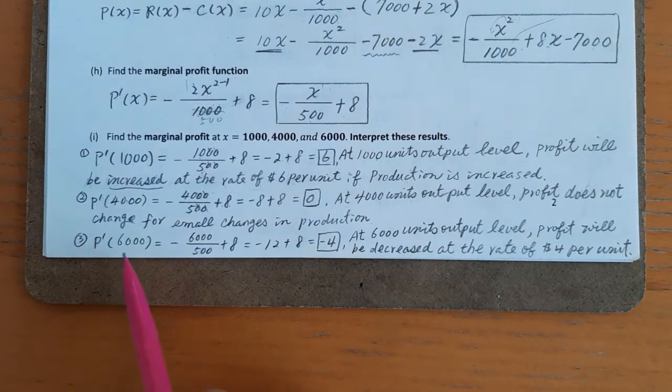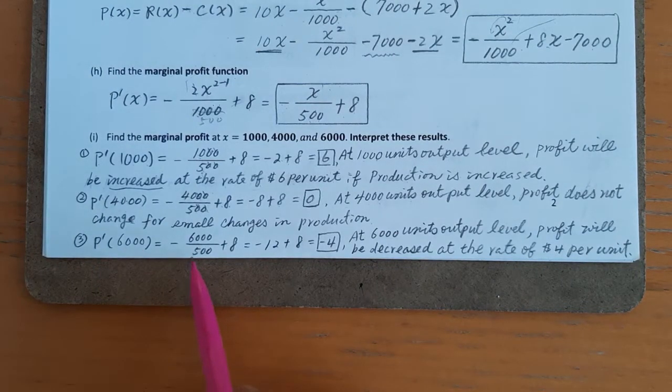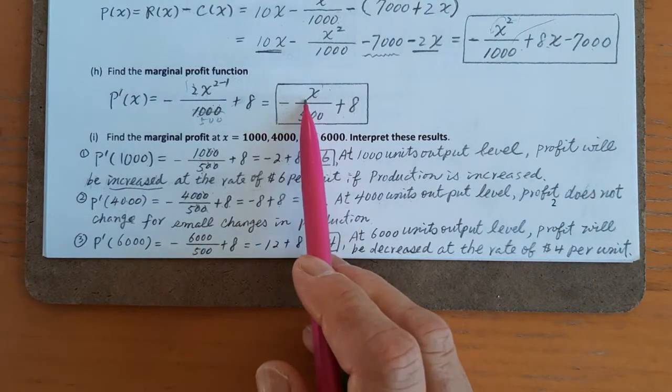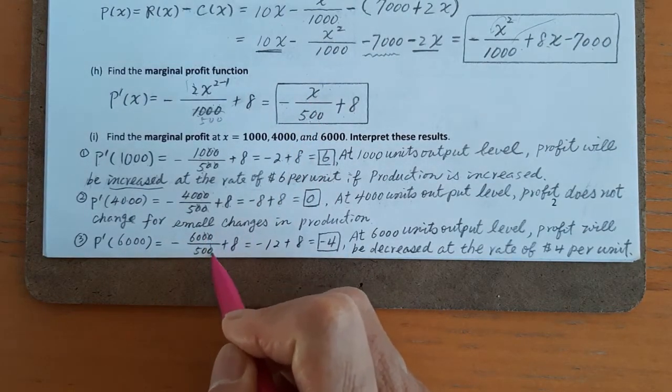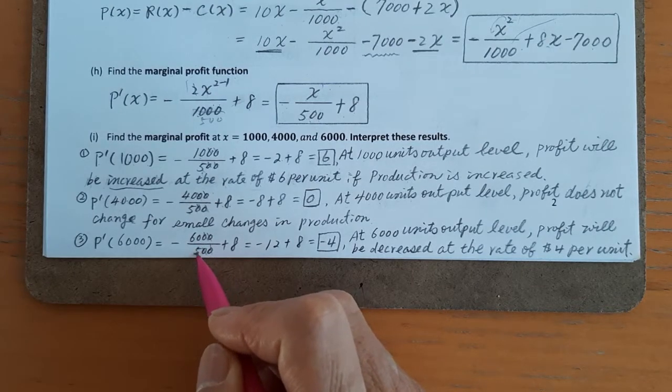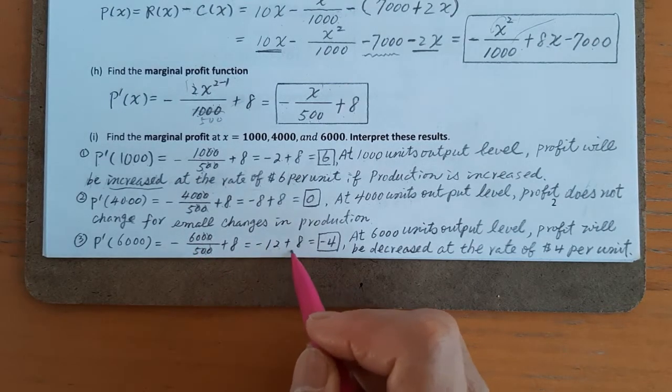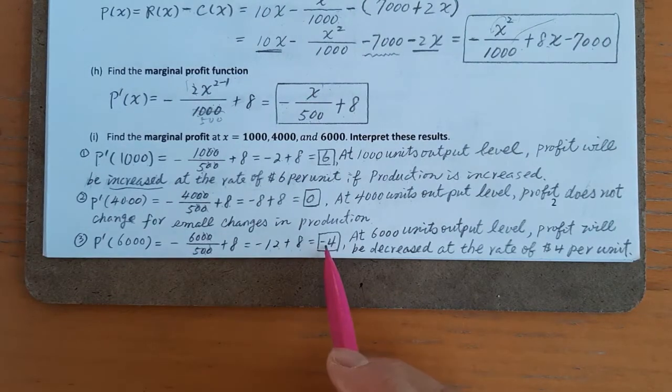And at 6,000 units, x is 6,000: plug in 6,000 over 500, cancel the 0s. 60 divided by 5 is negative 12, plus 8 is negative 4. It's negative.